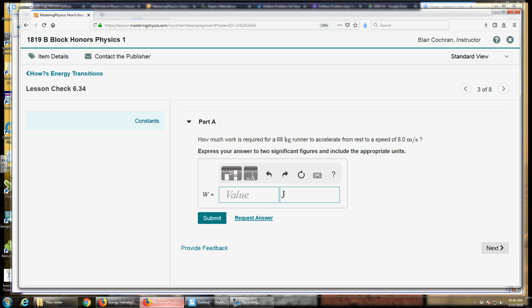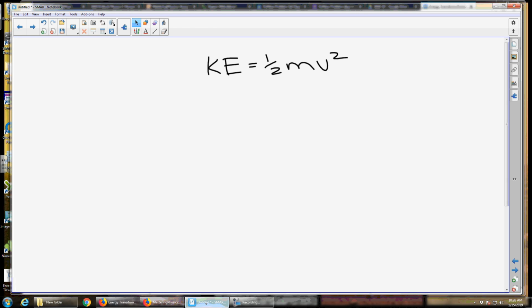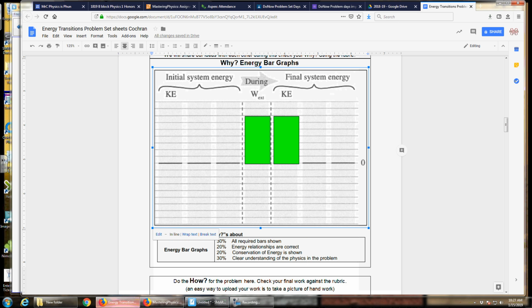So, the work external done on the runner goes into their kinetic energy. I'm going to put an F there just for their final kinetic energy, right? And I got that directly from my bar graph there. Those two are equal.